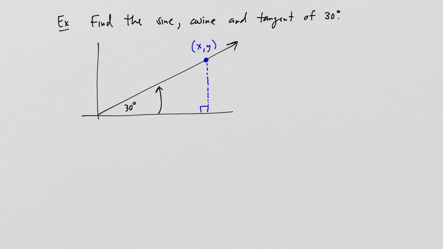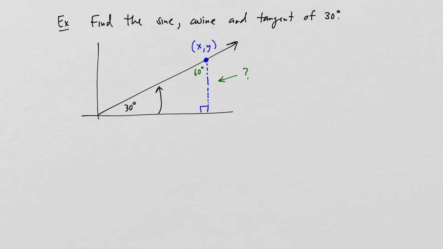And then I want you to notice that what you have now is a 30, 60, 90 triangle, right? This angle up here is 60 degrees. In a 30, 60, 90 triangle, once we know what the short leg is equal to, we can easily figure out what everything else is equal to.